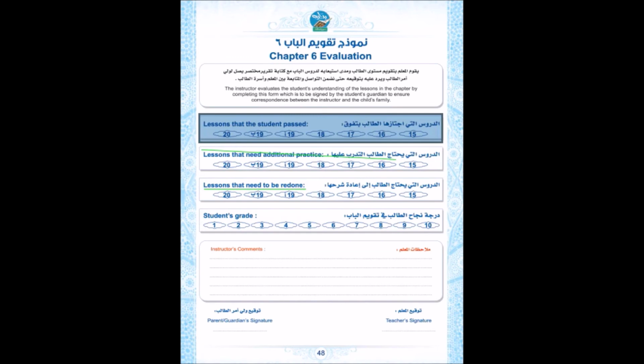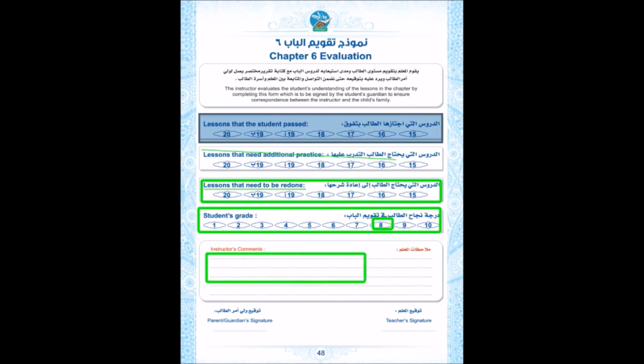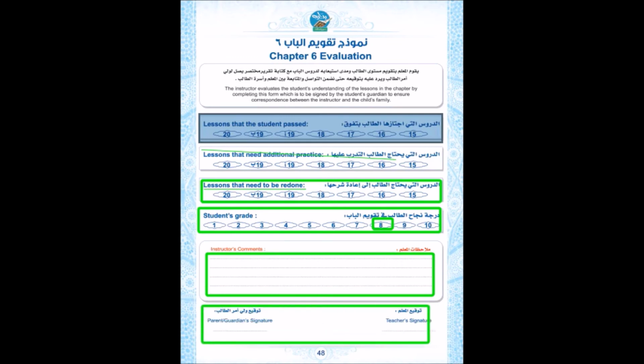And as a reminder, this is the last chapter before the final test, so we want to make sure not just to limit this evaluation to chapter 6, rather we want to grade the student in general, and the minimum is 8 out of 10, and we want to take note of any concepts throughout the whole book that need to be reviewed, and the instructor could communicate this to the parents through the comments box, and of course finishing with the signatures. Jazakumullah khair.